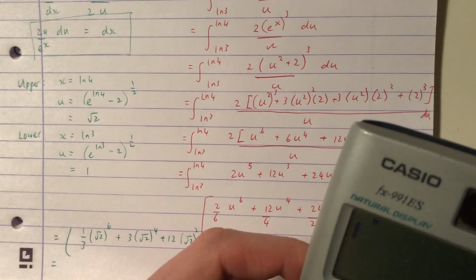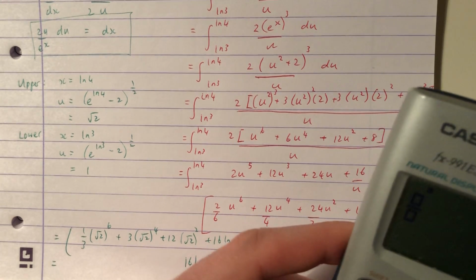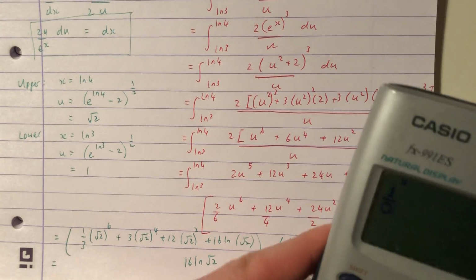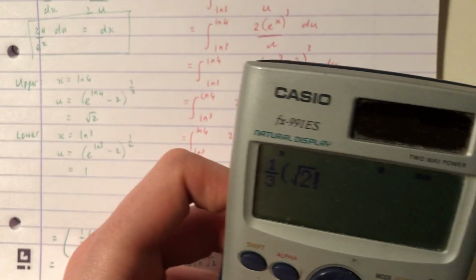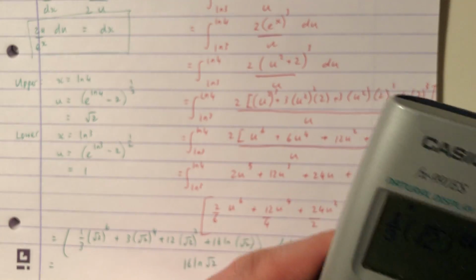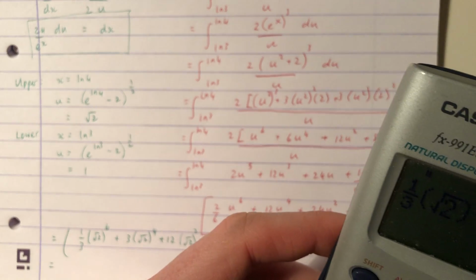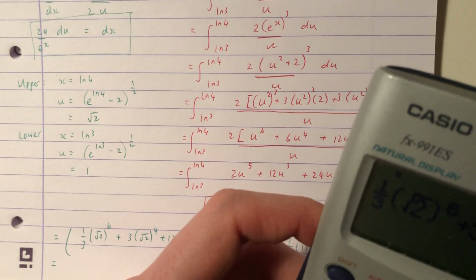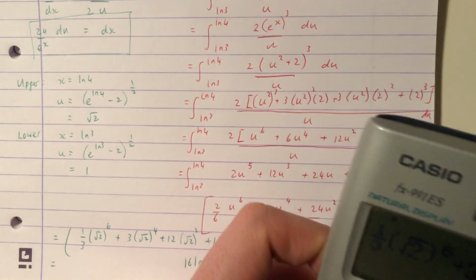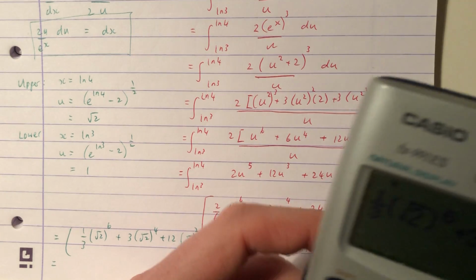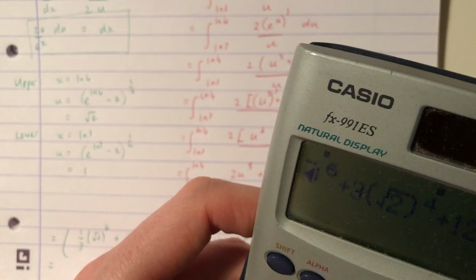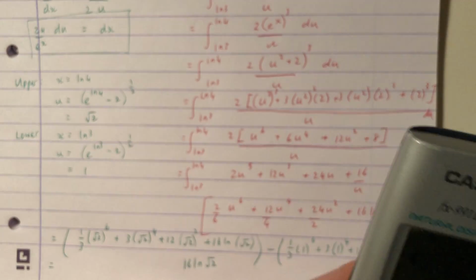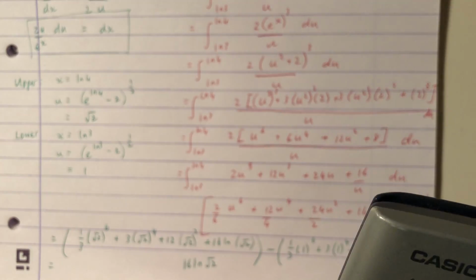So we have 1/3 root 2 to the power of 6 plus 3 root 2 to the power of 4 plus 12 root 2 to the power of 2.